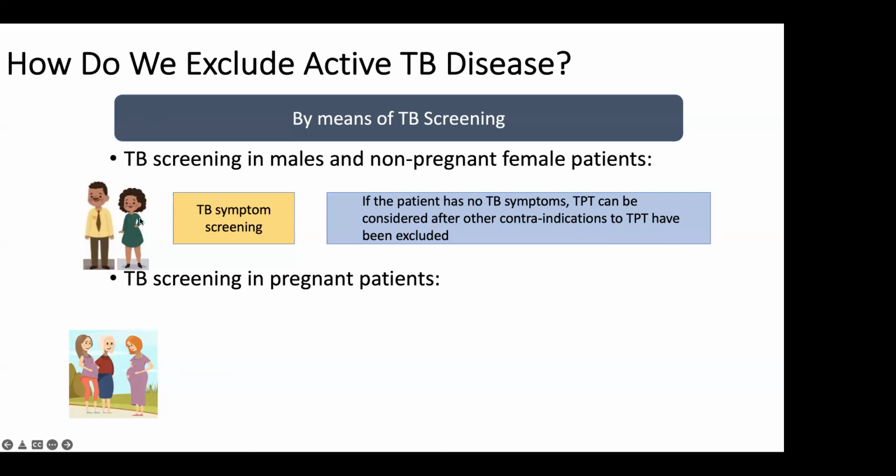Here we are looking at adults and non-pregnant females. The only requirement as an entry point to TB preventative treatments is a TB symptom screening questionnaire. And if your patient has no symptoms and also they don't have any contraindications to some of the drugs that we use, they should be offered TB preventative treatments.